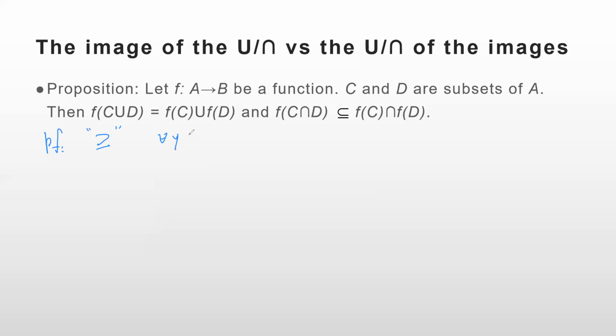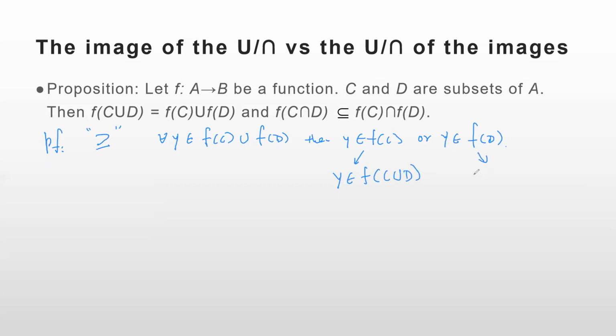So for every y in f of C union f of D, you would say y has to be in f of C or y is in f of D. And then you show for each case, this one, obviously y is in f of C union D. And this one obviously also shows y is in f of C union D. So both cases will tell you y is in the right side.